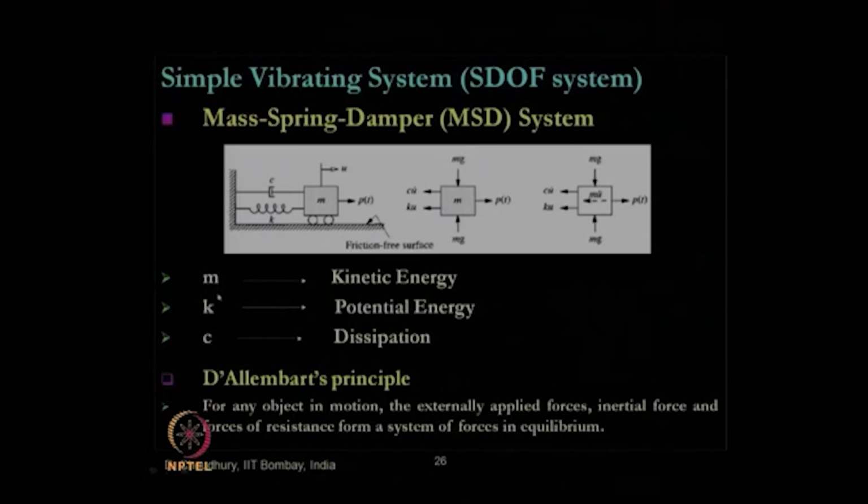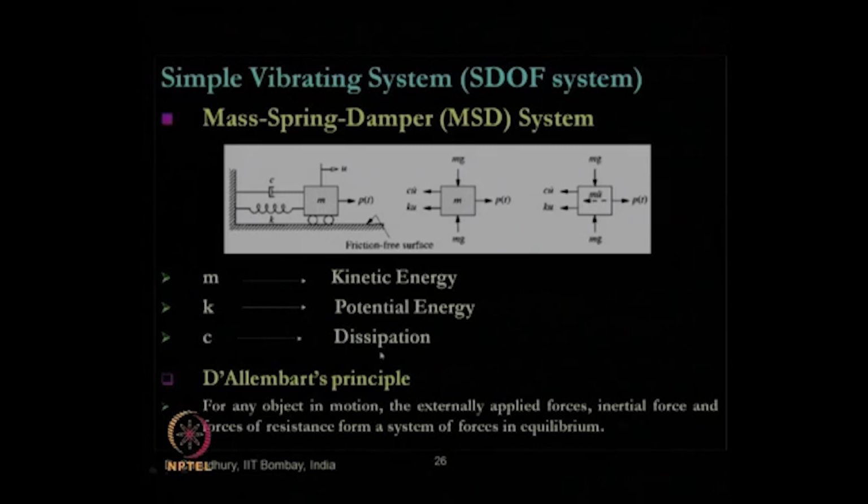The minimum basic two parameters we require are mass and spring. Why does this damper or dissipator come into the picture? Because if the vibrating system starts vibrating, obviously it will not vibrate forever. There will be some dissipating forces or dissipating energy in the form of sound energy, heat energy and so on.